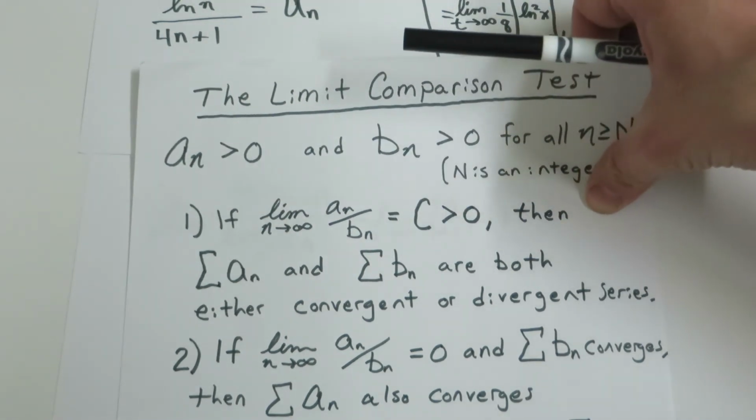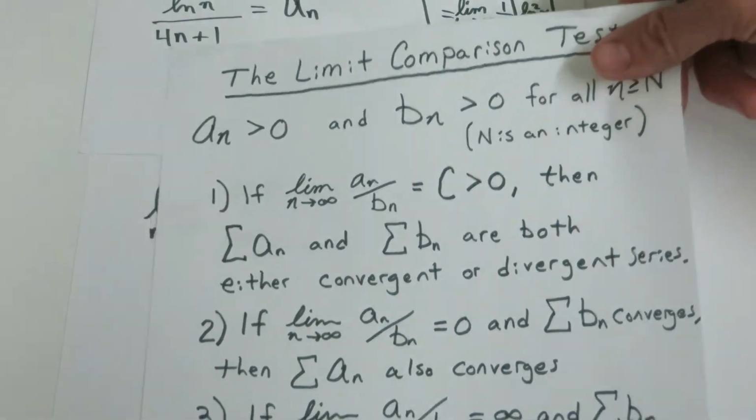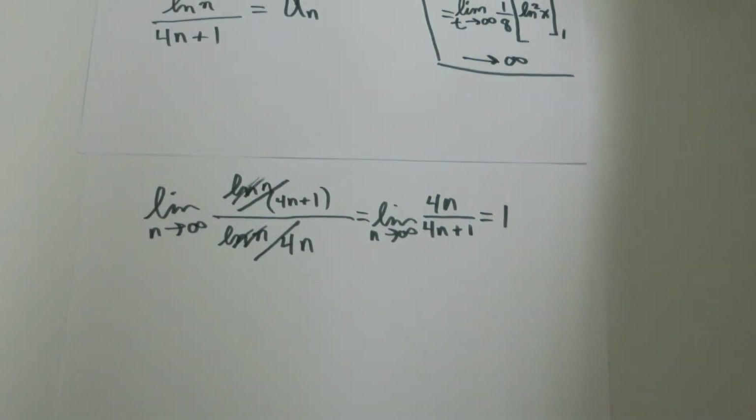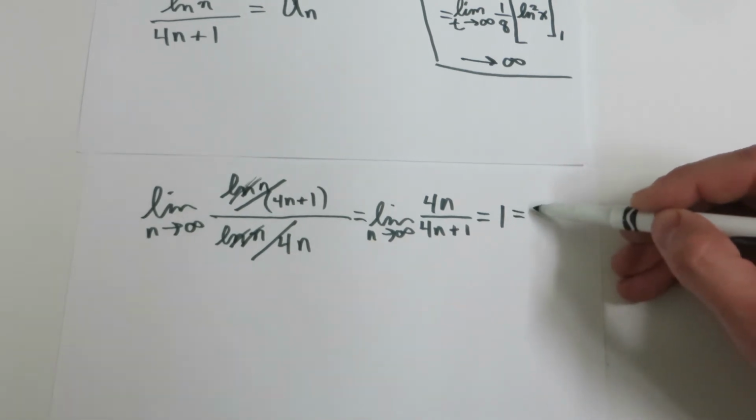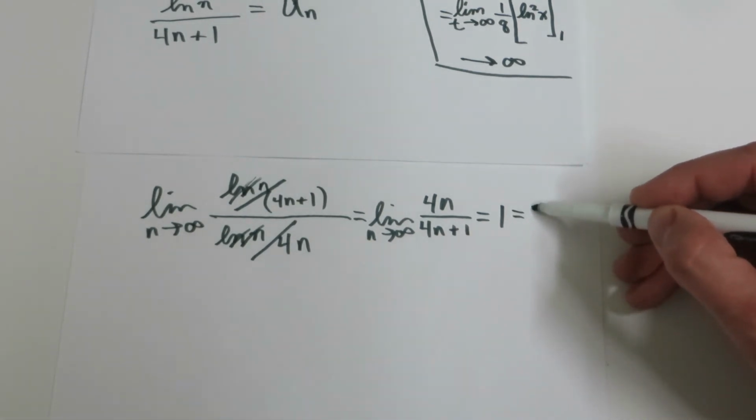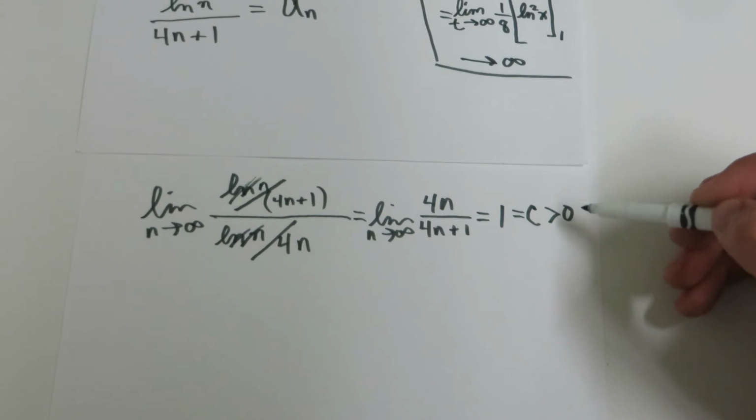So if the bottom one diverges, then the top one diverges. If the bottom one converges, then the top one converges. So this equals some constant which is greater than 0.